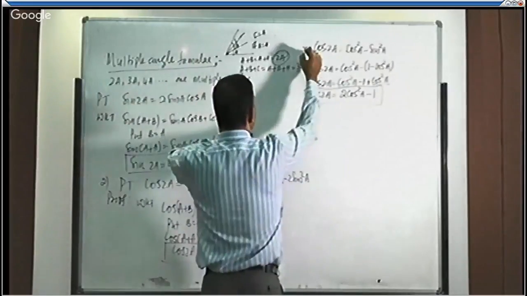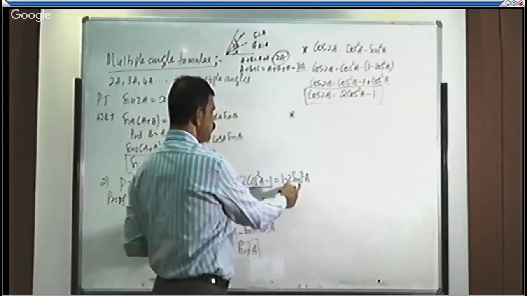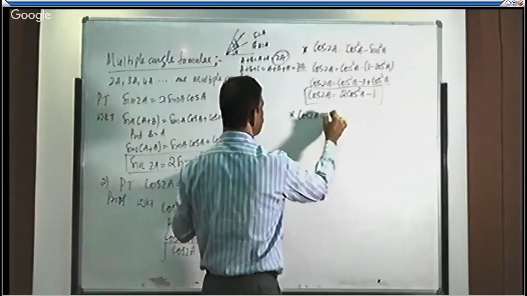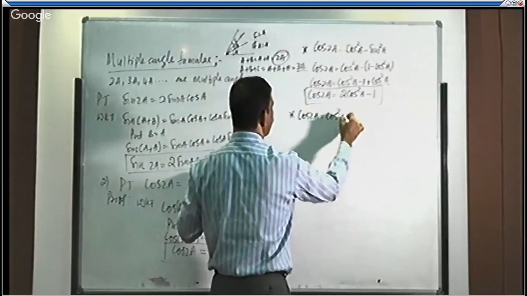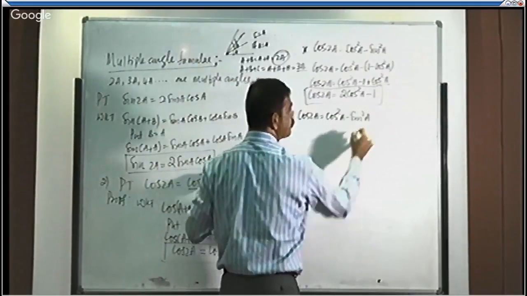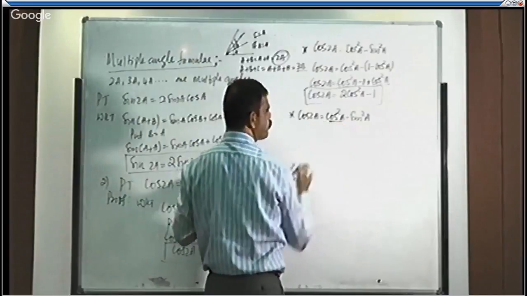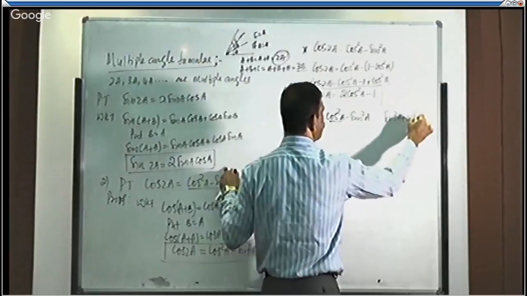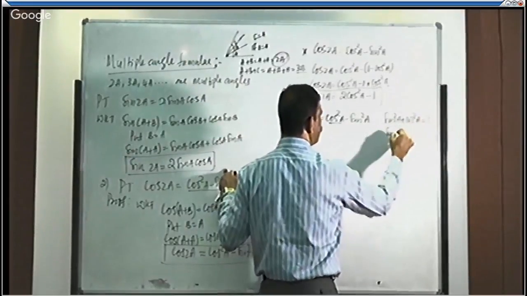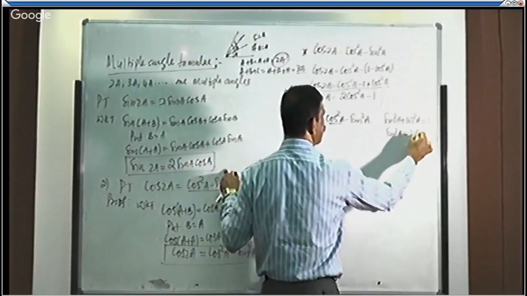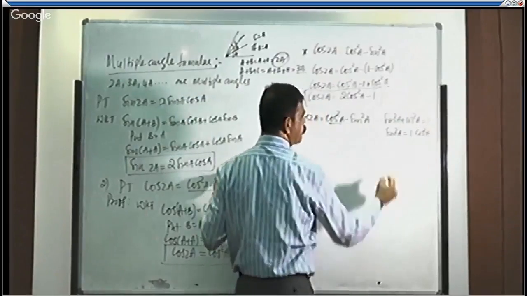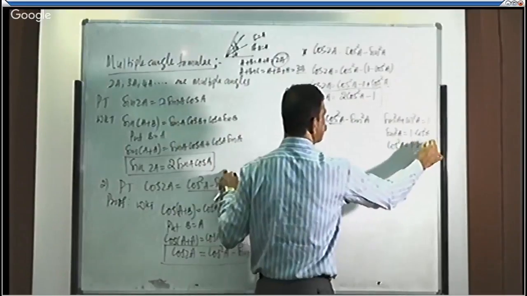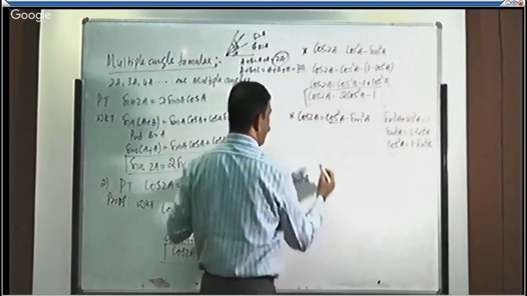To prove the third one, which is in sine, take the same thing, that is cos 2A is equal to cos square A minus sine square A. Replace cos in terms of sine. This is the rule: sine square plus cos square is equal to 1. If you want sine square in terms of cos square, it is 1 minus cos square. If you want cos square in terms of sine square, it is 1 minus sine square. Right?